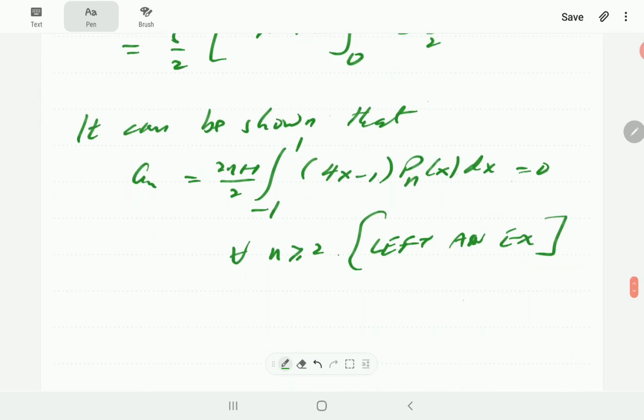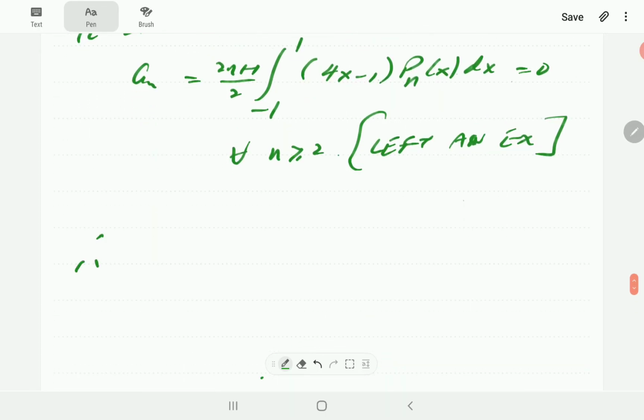a0 is -1. So therefore f of x is -1 times p0, plus a1, which is 4 times p1. And that's all. Now remember, p1 is x and p0 is 1.